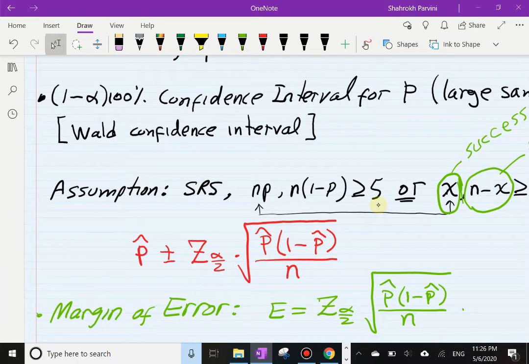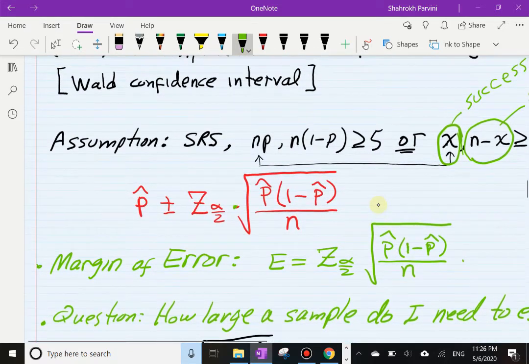The formula is p hat plus or minus z alpha times sigma p hat, which is what's under the radical sign, the whole radical sign and what's under it. What's to the right of plus minus is the margin of error, same as before. And having the margin of error now, we are in a position to answer this question.